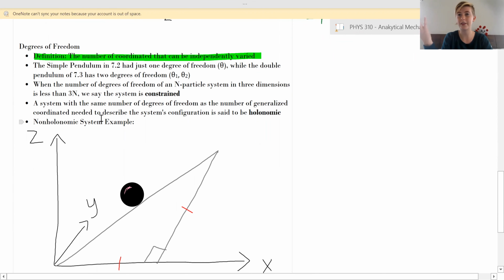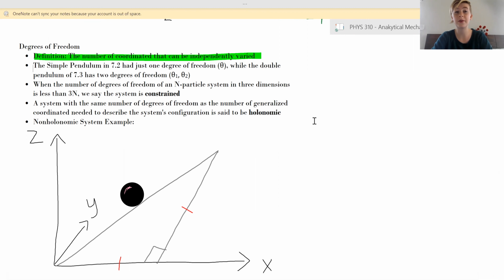The other one is a holonomic system, and that's basically any system that has the same number of degrees of freedom as its general coordinates, the general coordinates needed to describe it. So basically, if I have 3 degrees of freedom and 3 sets of coordinates, I'm golden.